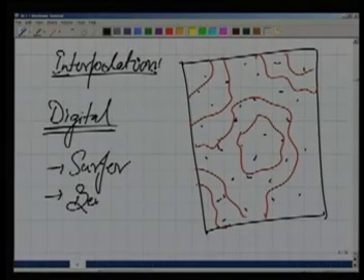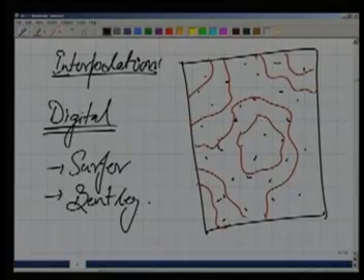Then in Bentley, we have the softwares. In any remote sensing software, GIS software, surveying software, in any software you name, you'll find there is a routine for contouring, which takes the XYZ coordinates, and using these XYZ coordinates, it can give you the contour map.